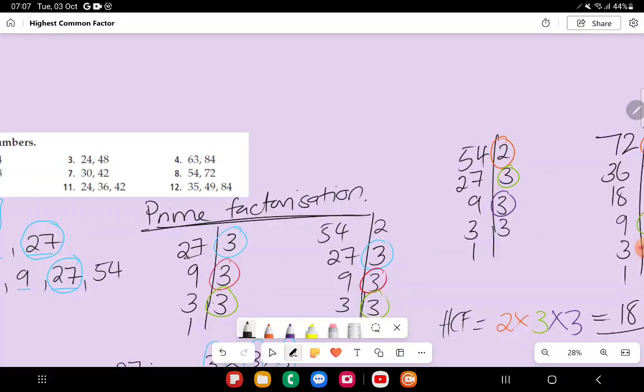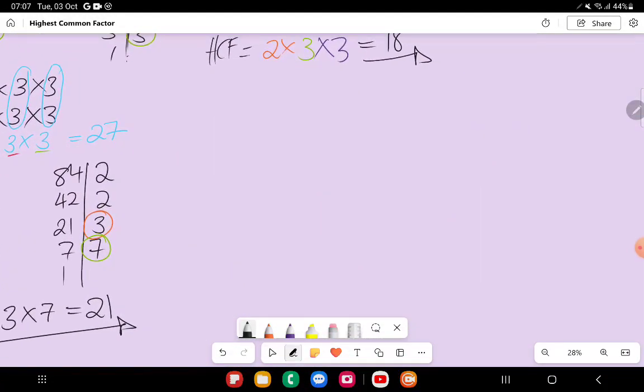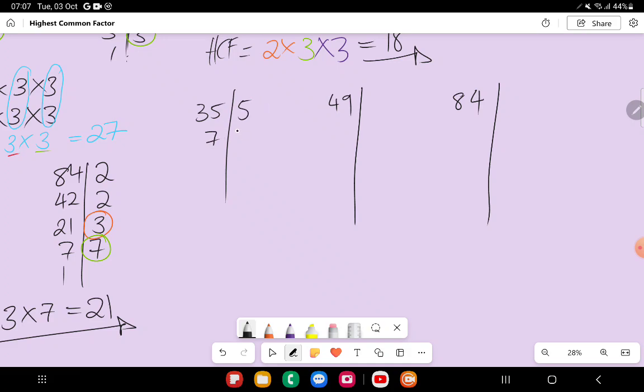And let's do one more. 35, 49, and 84. Okay. 35. I'm going to start by divide by 5, which gives me 7. Divide by 7 gives me 1. 49 divided by 7 gives me 7.